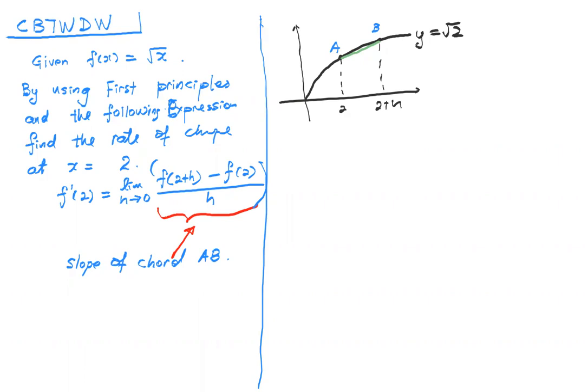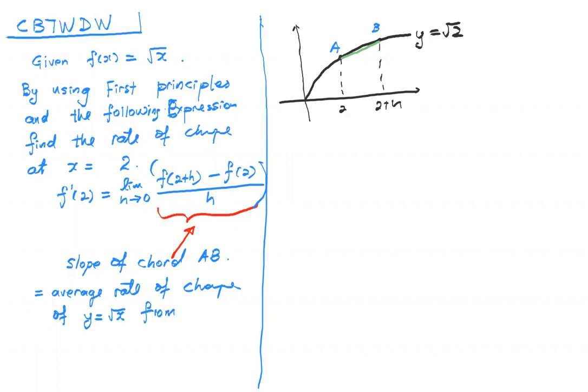Wonderful. You see how specific you have to be. So this is the average rate of change of y equal to square root of x from. This is very important.